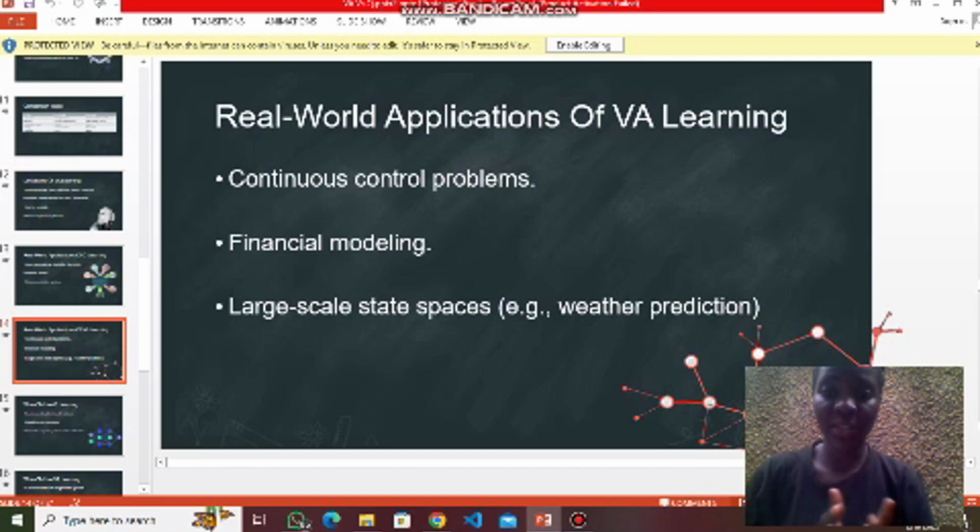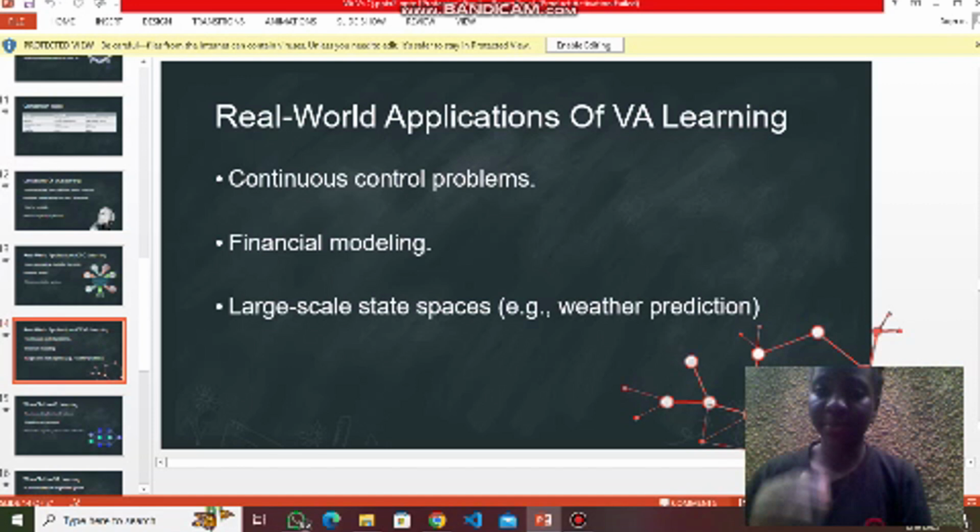Then for financial modeling, remember the basics of VA learning. First of all, it can handle complexity and high dimensional data. Look at those large and continuous data.